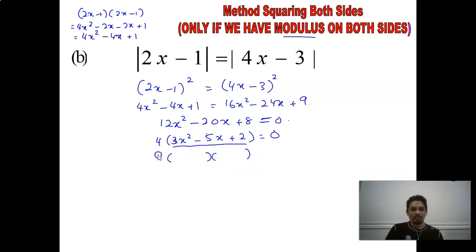Whether you write the 4 or not, it won't count when we compare the two linear factors. So we get 3x minus 2 and x minus 1. So we got these two linear factors. From here we come up with x equal to 2 over 3 and x equal to 1.